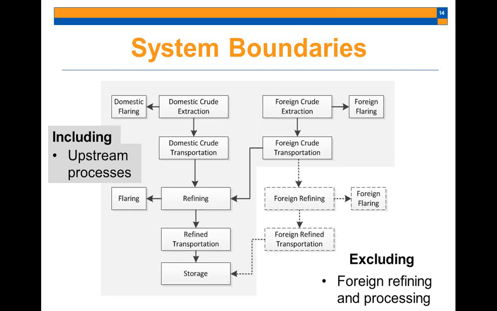So we're not including any foreign refining or foreign refined transportation to the U.S. The cutoff is here. Any foreign processes. And we'll be including all of the upstream processes needed in each of these major processes here, such as the generation of the fuels that go into extraction, like generation of electricity, and so on.